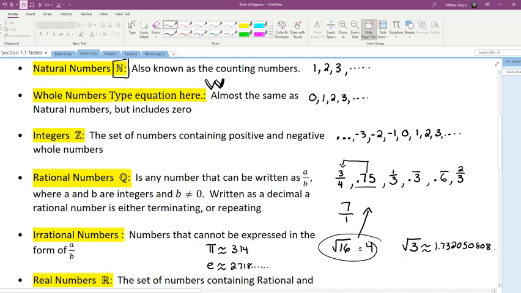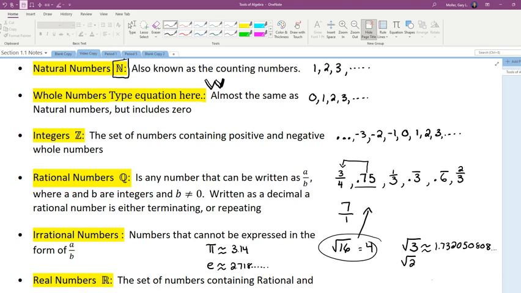Any square root that you can't simplify, like the square root of 2, is also irrational, the square root of 7, the square root of 8, but the square root of 9 is not, because we can write that as 3 over 1. All right, so the most common irrational numbers that you're going to deal with are square roots of numbers that you cannot solve into a regular, good old-fashioned rational number.